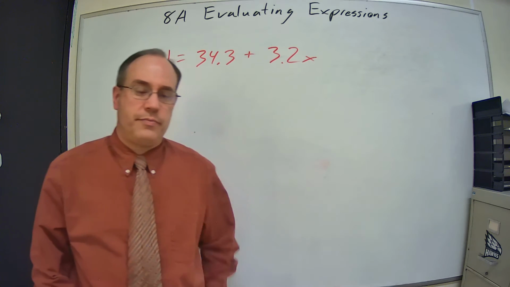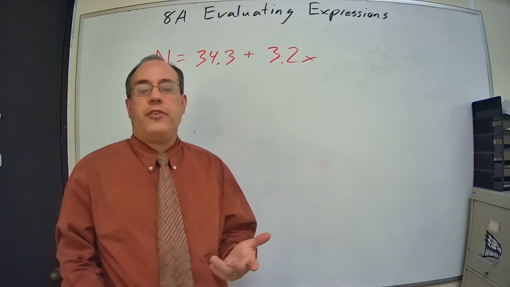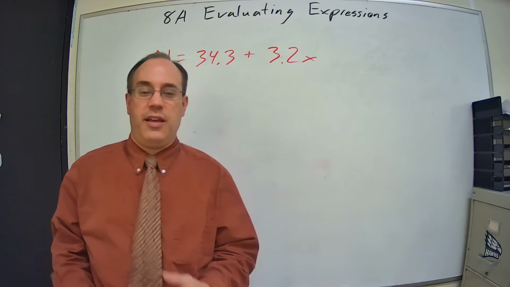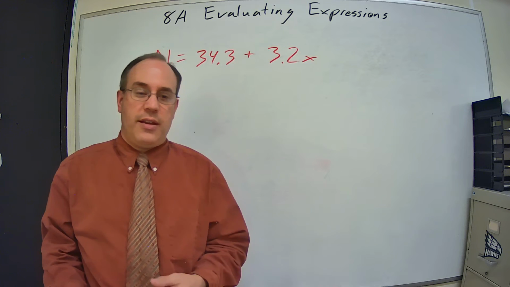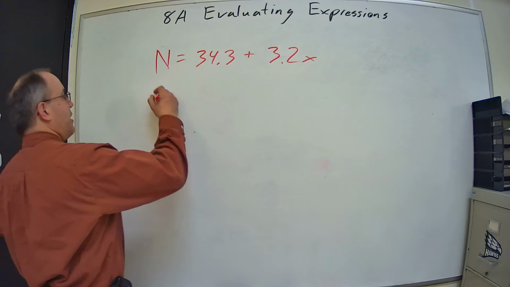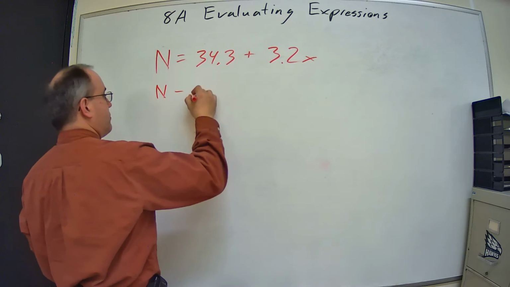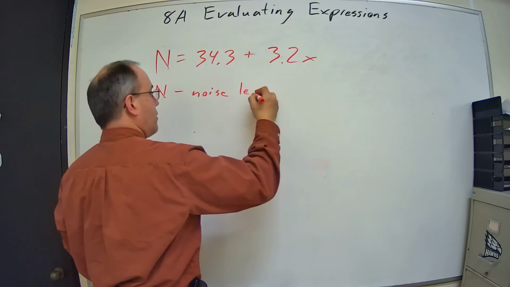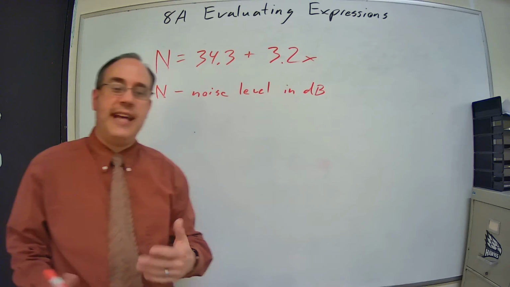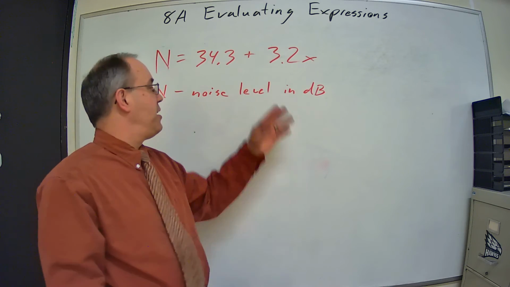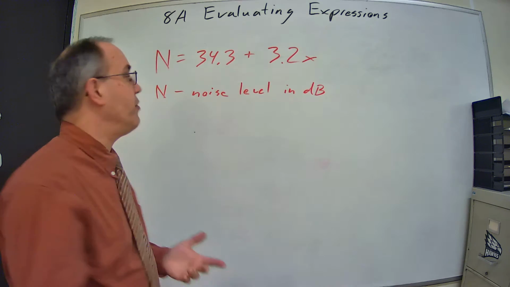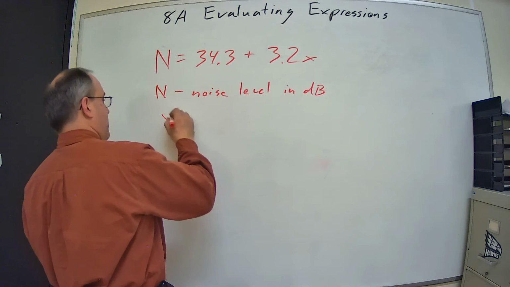What this represents is that the noise level in dBs in a classroom depends on the number of students x, so N is the noise level in dB. dB is decibels. So the noise level in decibels depends on the number of students, x.